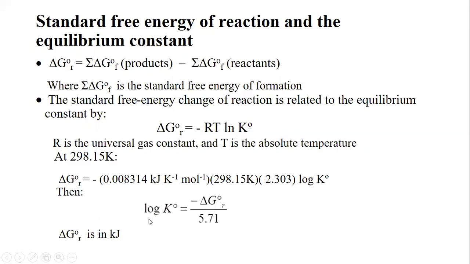So then we have, from this log k, we multiply all these numbers, you come up with a constant. So we have now a relationship: log K equals minus delta G0 of the reaction over 5.71. This is, under these conditions, a known constant relationship.